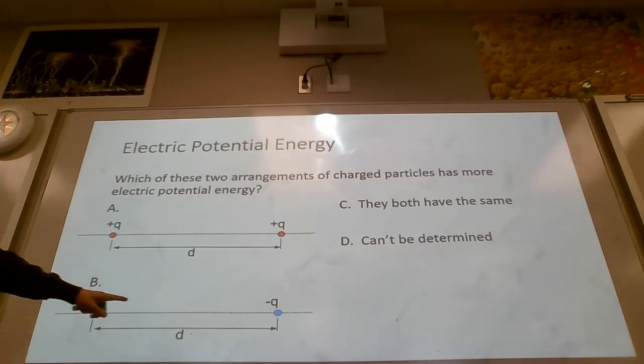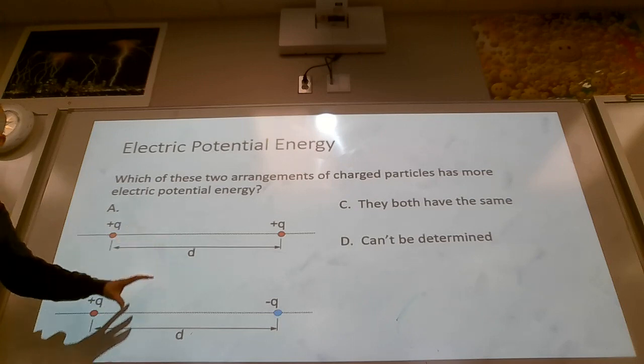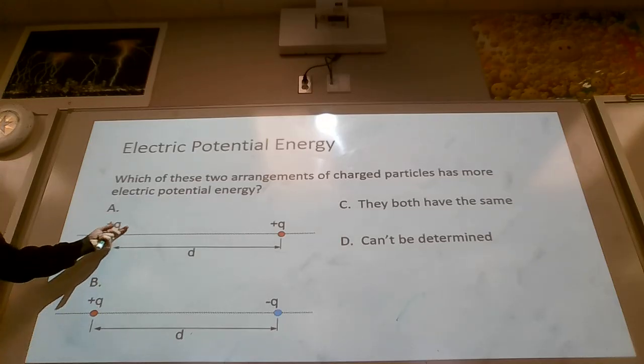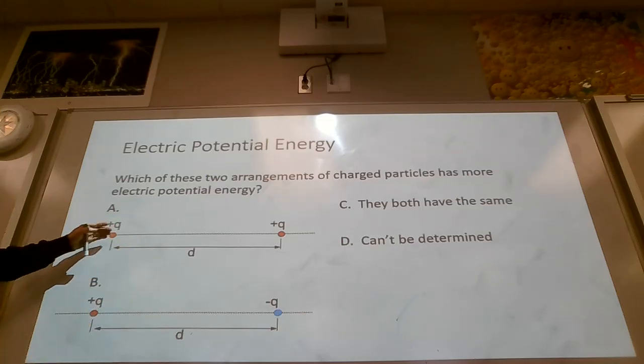Like this would be before they collide. Which system, this system or this system, is going to have more kinetic energy? I should have thought about this before I asked the question. I'm going to venture to say A is, just because there's a whole lot more distance. You're going to go from that to infinity. Right, this is going from this to infinity.